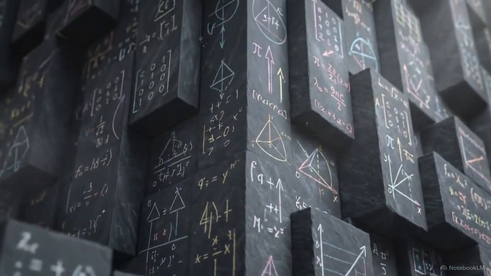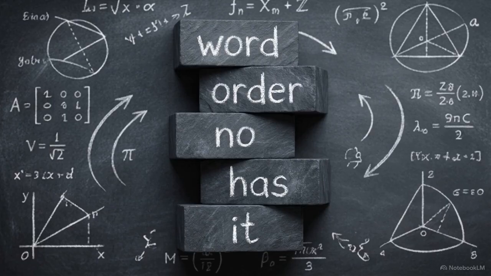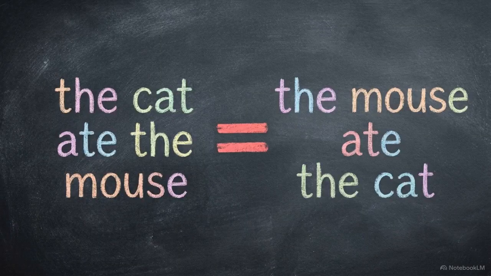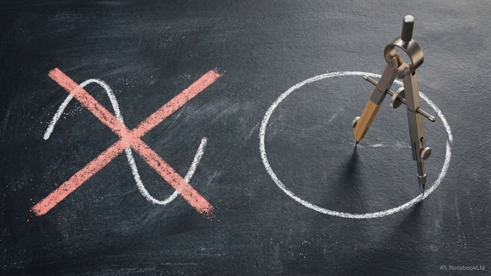stable signal fidelity. Because the network processes all words simultaneously, it has no inherent concept of word order. Without this mechanism, "the cat ate the mouse" is indistinguishable from "the mouse ate the cat." Early solutions added static sine and cosine waves to the data, but modern models use a geometric approach.